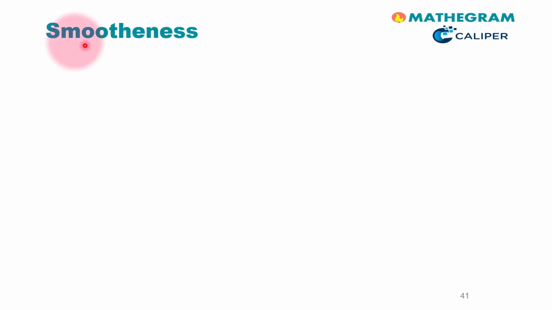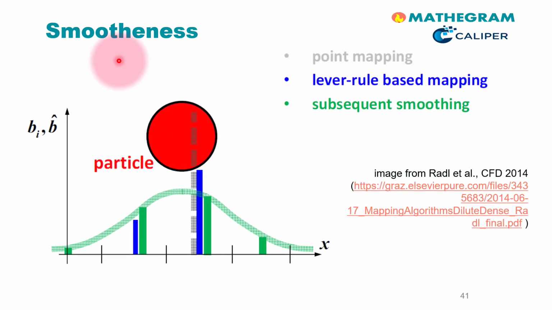For a clearer understanding, let us consider a one-dimensional space domain with the position coordinate x and the tick marks indicating the boundaries of the CFD cells. The red dot is obviously the particle, which is in between two cells, as you can see.